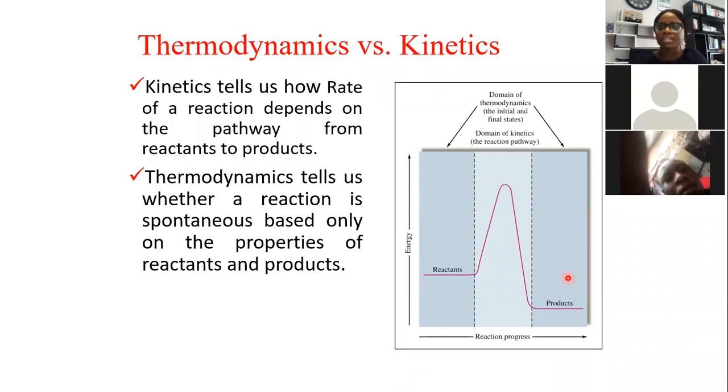That's all thermodynamics is all about, the initial state and the final state. Meanwhile, kinetics is going to take into cognizance everything that is happening between the reactant and the product. The combination of these two is what we discuss in the mechanism of reaction. So when you want to do a mechanistic study of a reaction, you want to talk about the kinetics and the thermodynamics.